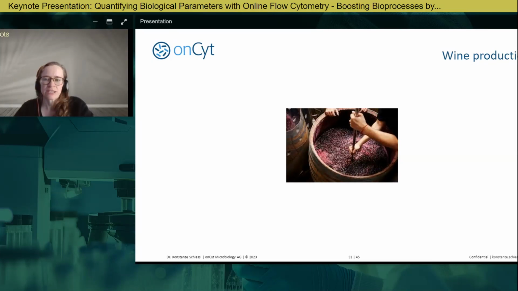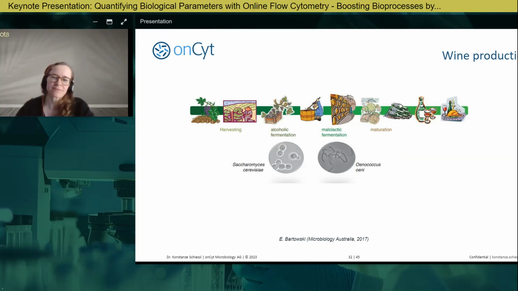Now I want to go just a tiny bit more into the data of wine production. So it's a really fascinating process to make wine on many different levels, but also on the microbial level, actually. So in the end, you need first the yeast to grow and to metabolize so that they make the alcohol. It's the alcoholic fermentation.